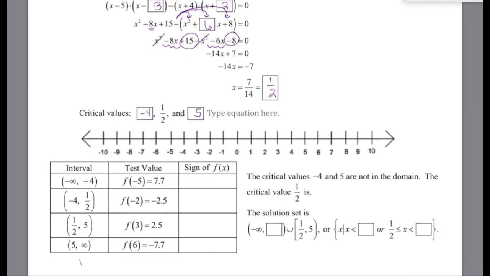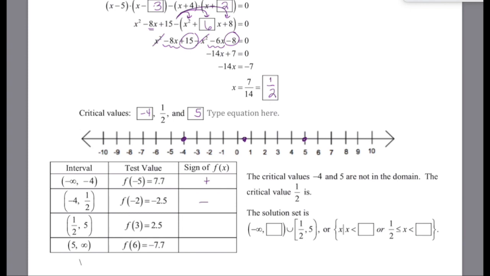So here's negative 4, here's 5, and half. We have our intervals. In between negative infinity and negative 4, I chose my test value of negative 5, giving me a positive. Between negative 4 and half, I chose negative 2, but the sign was negative when I evaluated.